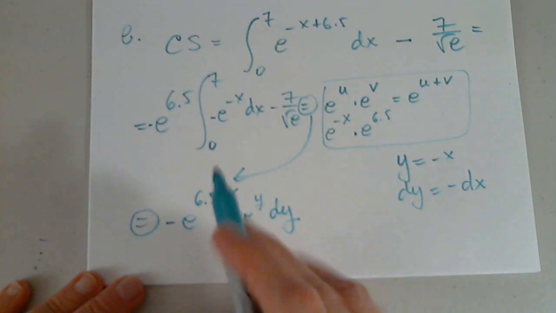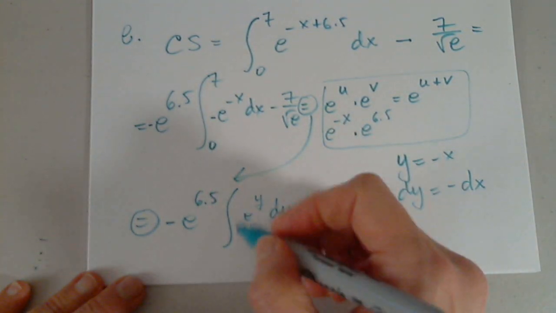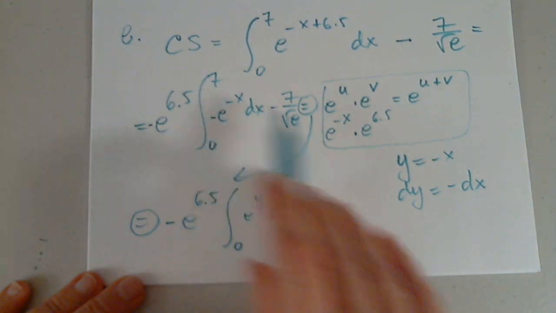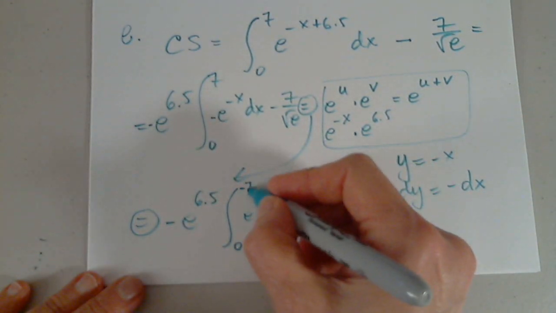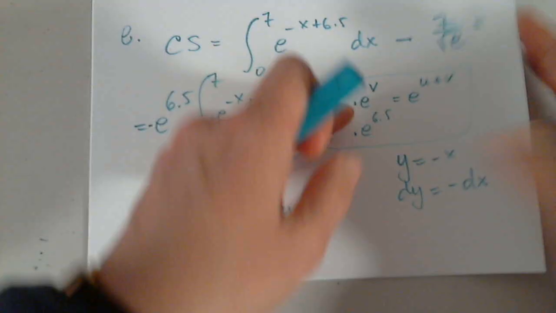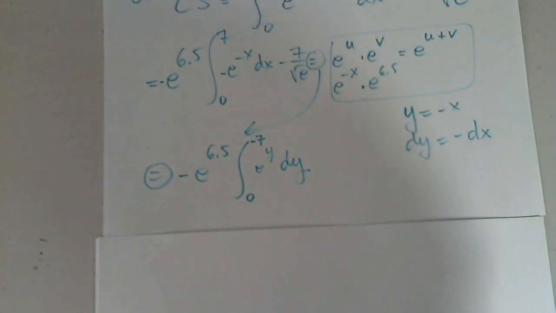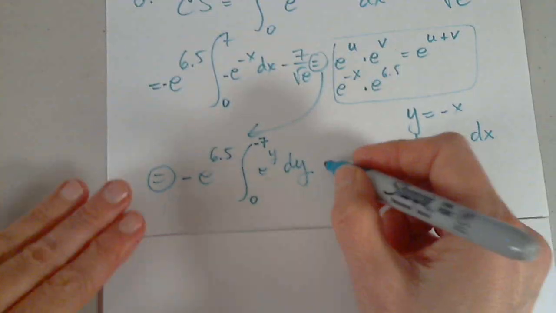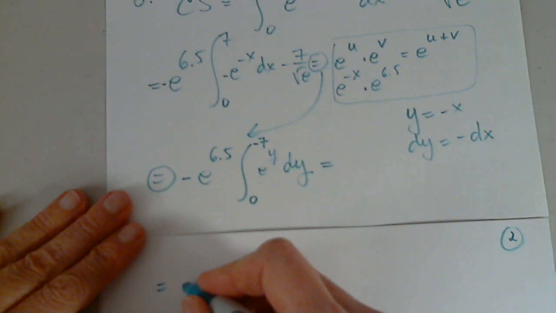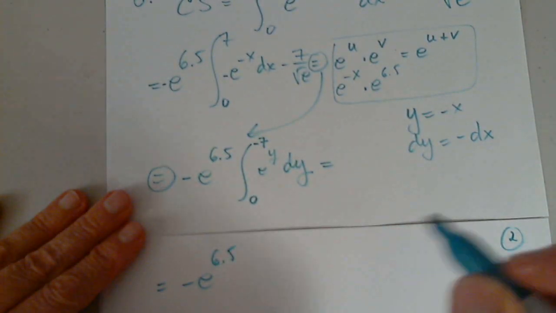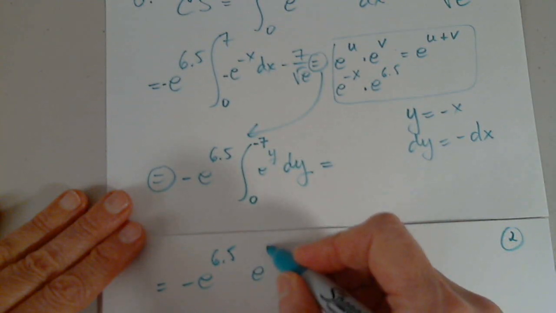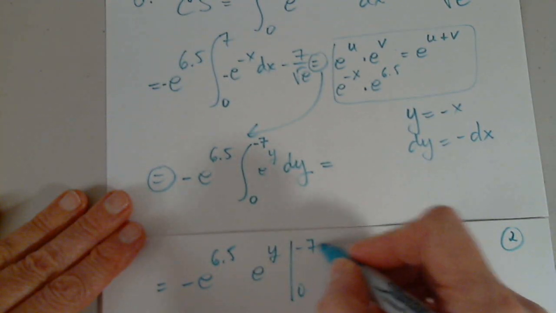But careful now, 0 plugged in here is still 0, but when I plug in 7, I get negative 7. Ugly numbers, but it is what it is. So we continue. Negative e to 6.5 and e to y from 0 to negative 7.